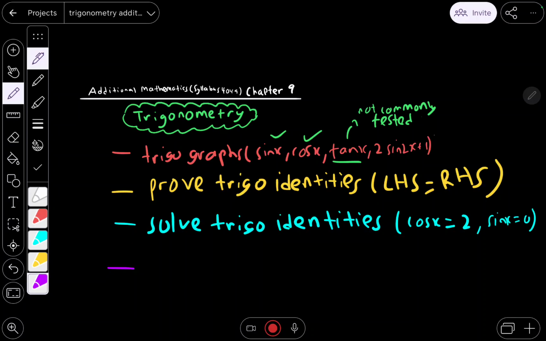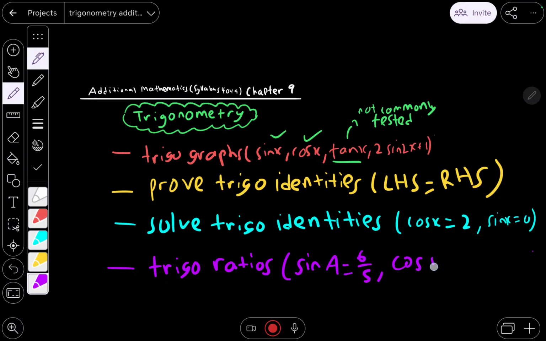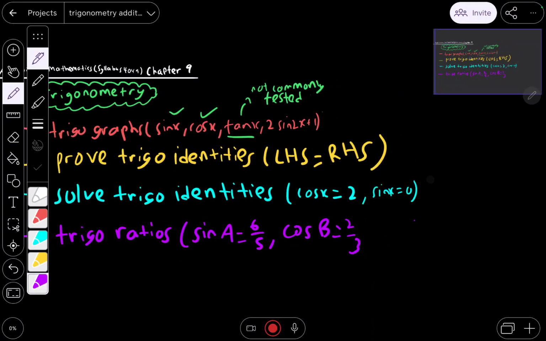And now, the last but not least, will be your trigo ratios. This is about, let's say they give you sine a equals 6 over 5, cosine b is 2 over 3, and you have to make use of your quadrants.